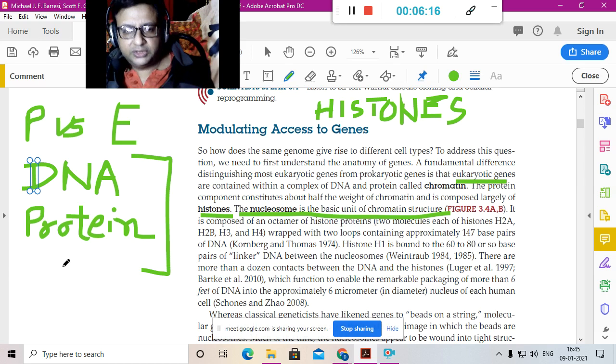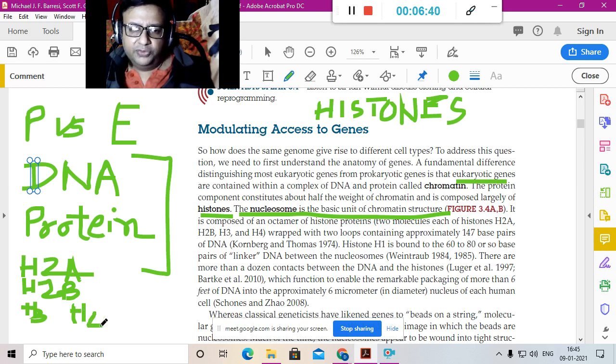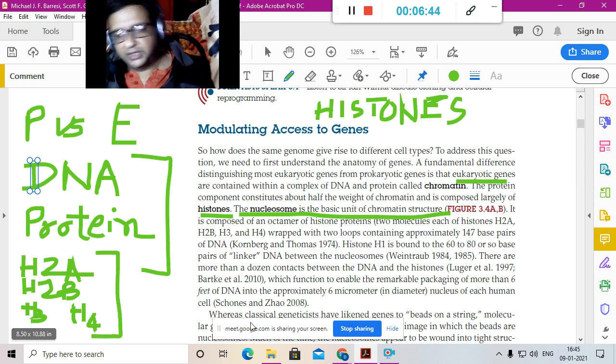So histones can be H2A, H2B, H3 and H4. So the main nucleosome consists of this histone octamer.